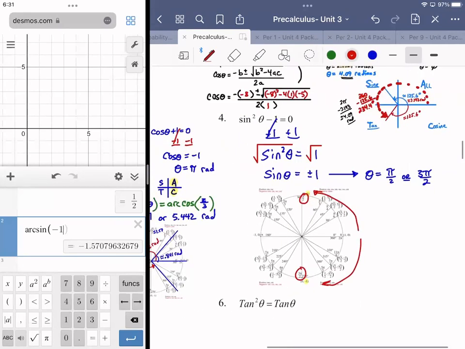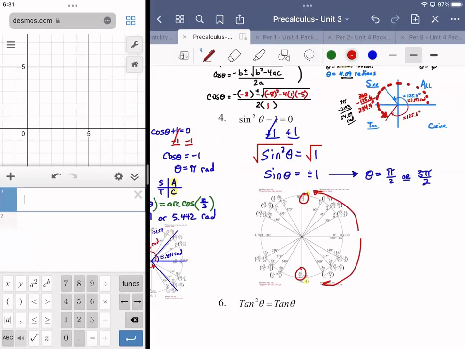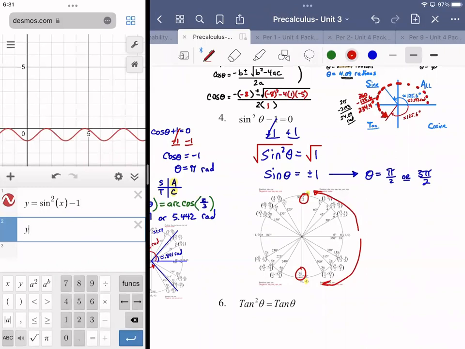But if you're going to go, and this is what the whole tech assignment's about, if you're going to go to Desmos to do the work for you, why not let it really do the work for you? Y equals sine squared x minus 1, y equals 0.